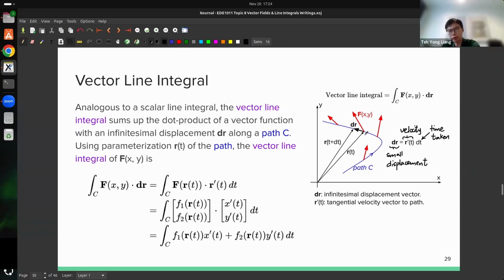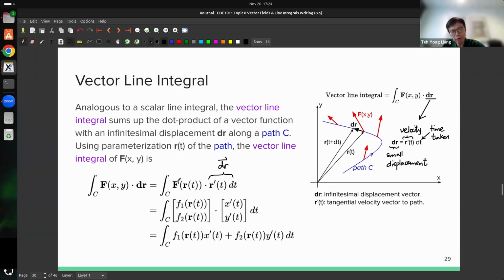The object moved from r of t to r of t plus dt, so it has taken time dt. You take the velocity times the time taken, isn't this the displacement? So it's the small displacement dr. Fair enough. So now you see, this dr is exactly r prime of t dt. So we replace dr by r prime of t dt. This is your dr vector. Then it makes everything so easy.